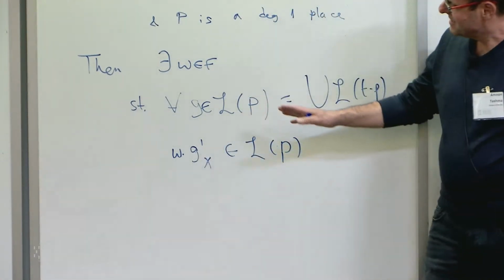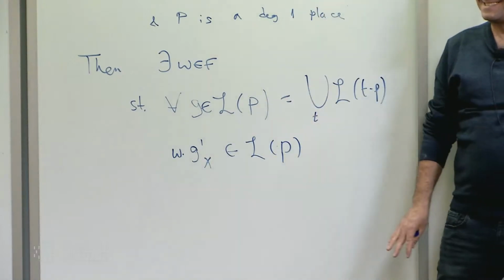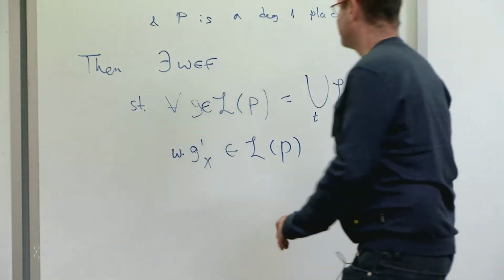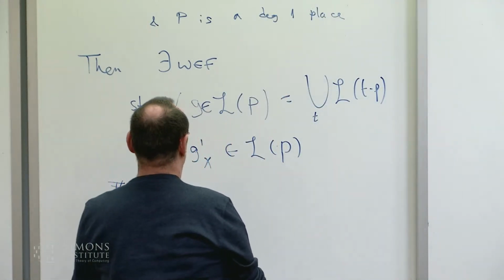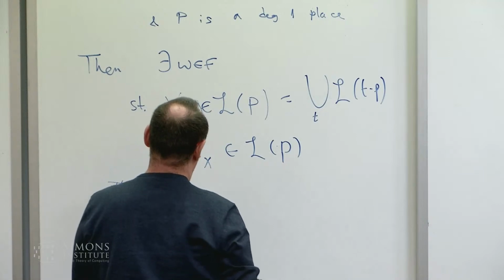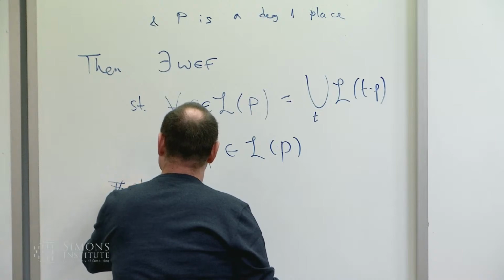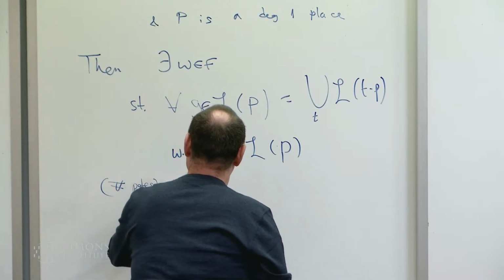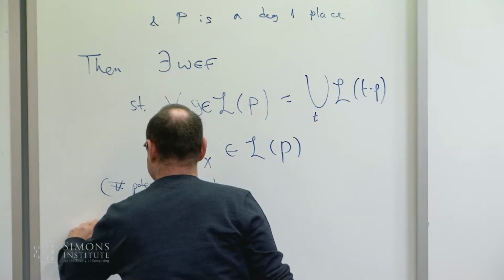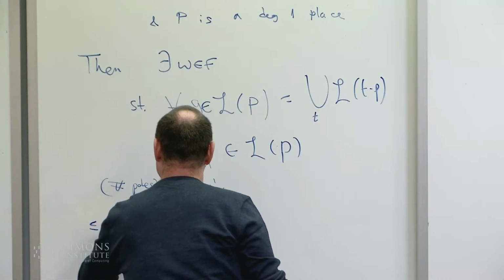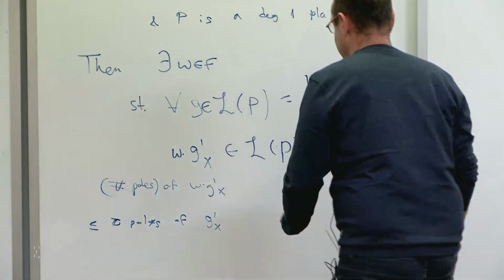It means that we managed to fill in all the holes that were created elsewhere, and also, do you see that? The number of poles or zeros, it doesn't matter, of omega times g prime, the derivative of g, is at most the number of poles of the derivative of g plus the penalty.